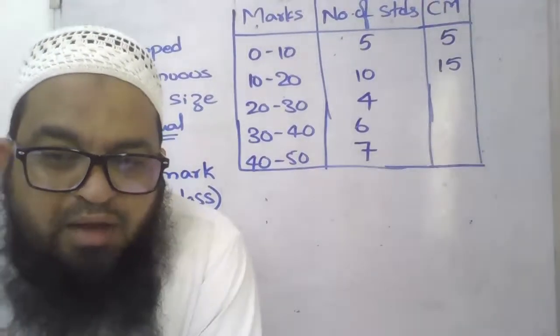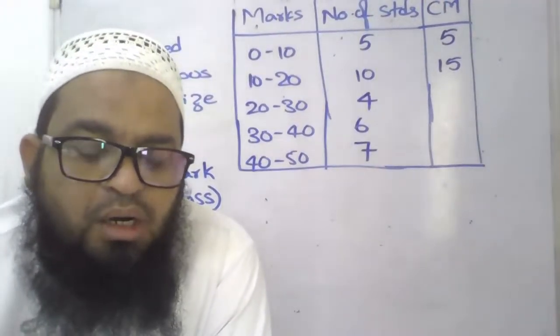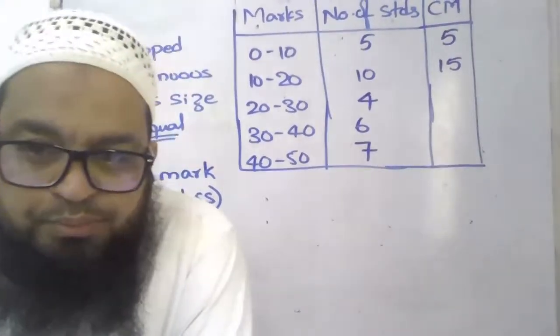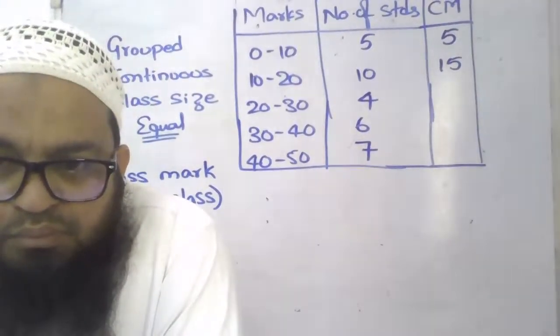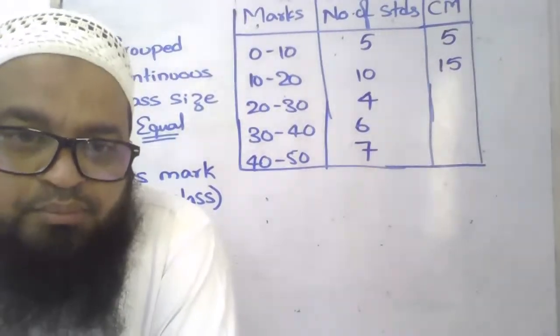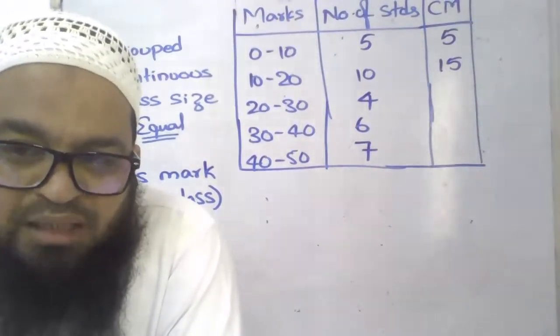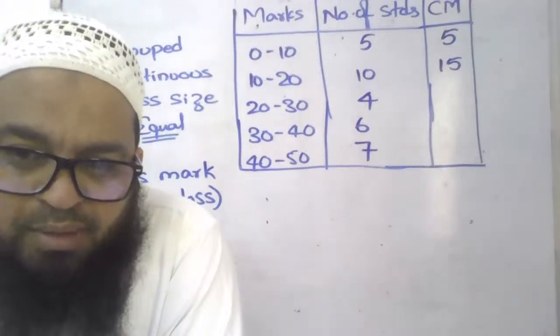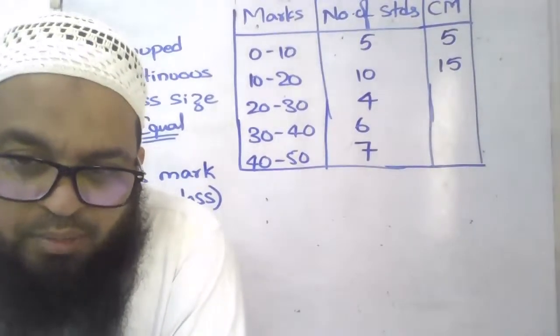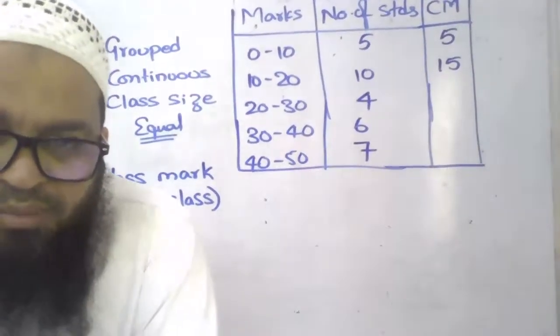Everybody understood how to find out the class mark. If anybody has doubt, let me know. Only the one who has doubt, please type. Others, no need. Okay, nobody has doubt, so let me continue.